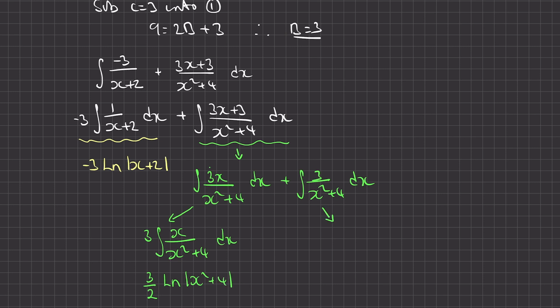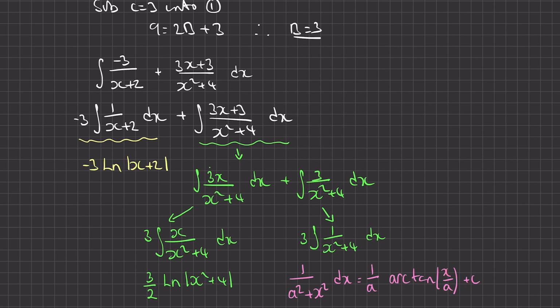On the right-hand side, we can take out the 3 again, and this will give us 1 over x squared plus 4. Now, for this one, we need to integrate using the reverse tan function, which is the integral of 1 over a squared plus x squared with respect to x is 1 over a arctan of x over a plus a constant.